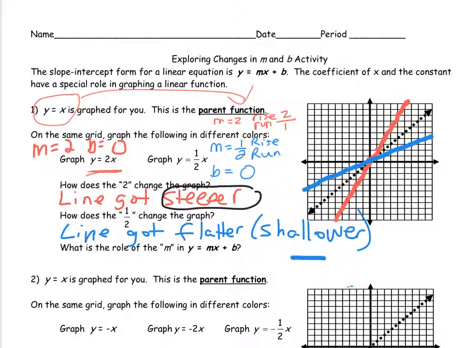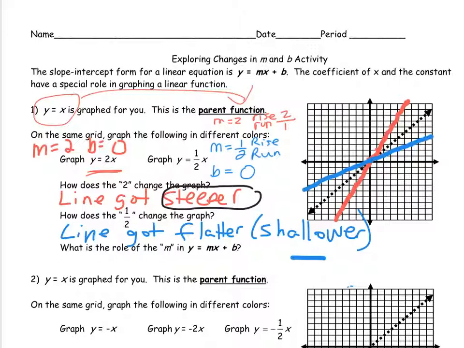Steeper is, it would be harder to ride your bike up a steeper hill. The steeper the hill is, the harder it is to walk up or ride your bike up. When it's talking about flatter, you know how you lie flat in a bed, it's getting closer and closer to just being no line at all, lying flat, a 0 slope.